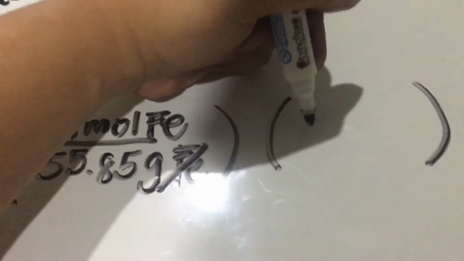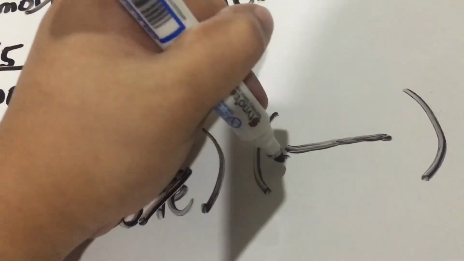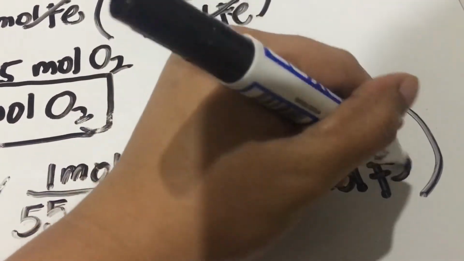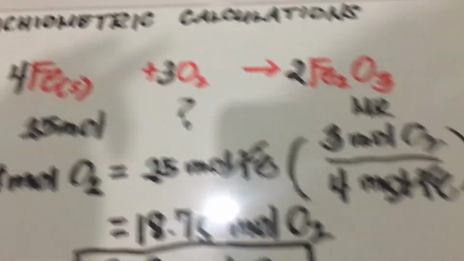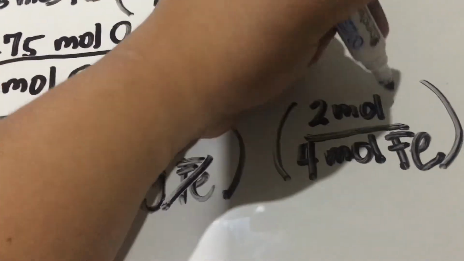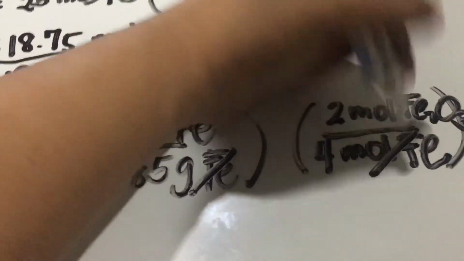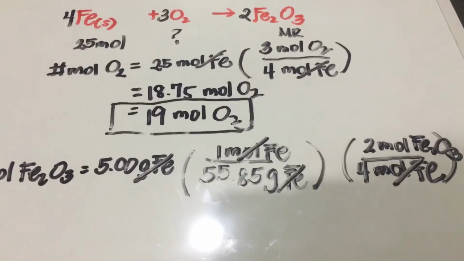So in order to cancel Fe, we know that there are 4 moles of iron, and then in the balanced chemical equation there are 2 moles of Fe2O3. Alright, so we can cancel this one out. So far our solution looks that way.